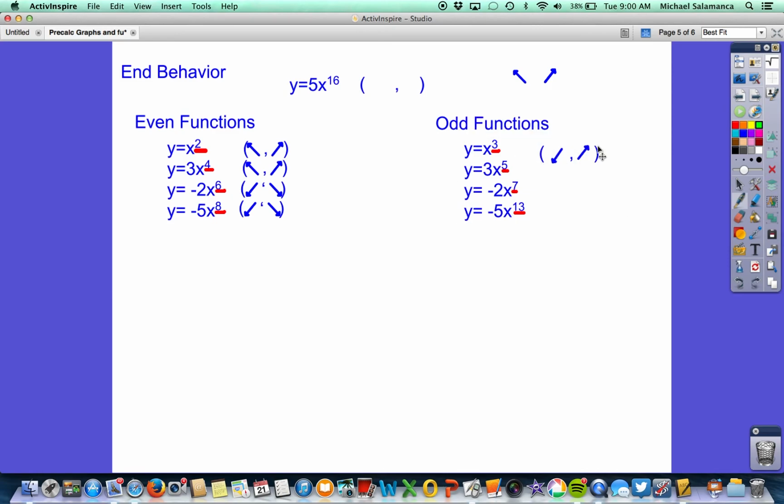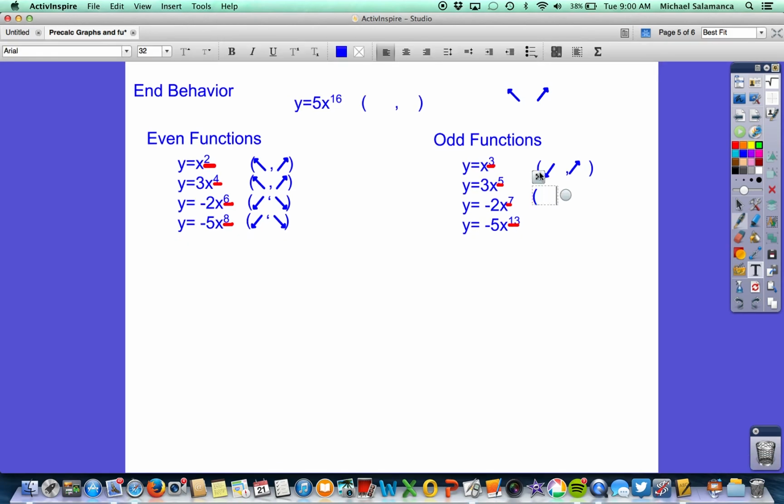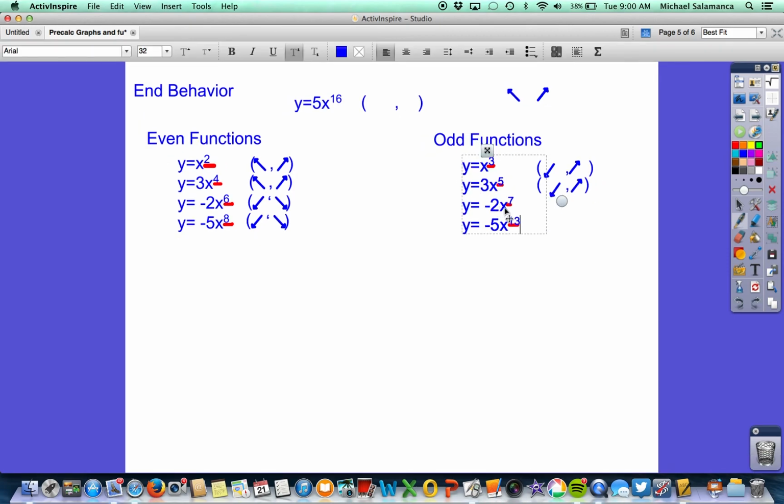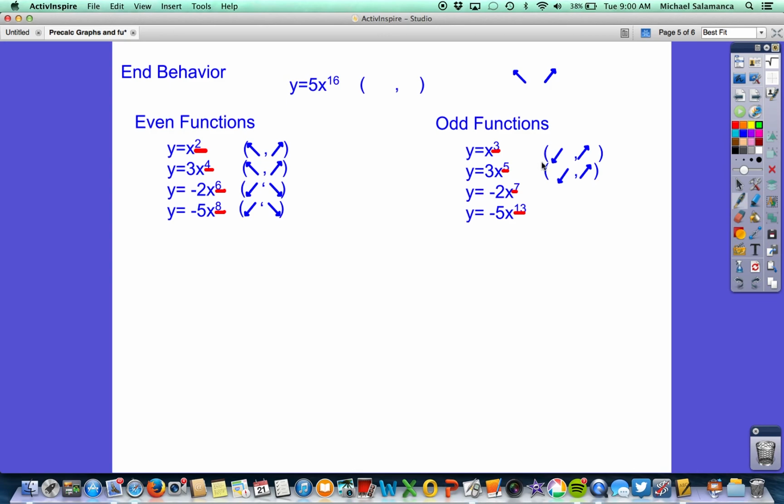So the next one should be very similar. So for the next ones, we're going to have one going downwards, like so, and then the other one's going to go upwards, just like the others. In y equals negative 2x to the seventh, because there's a negative in front, everything gets flip-flopped, remember?